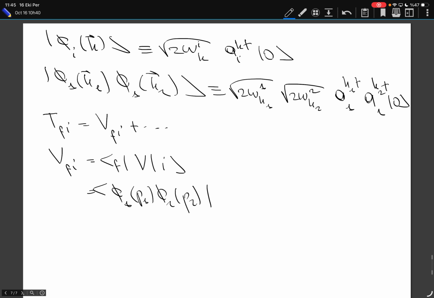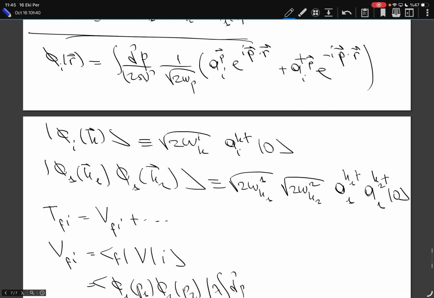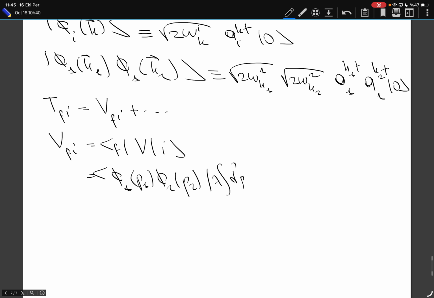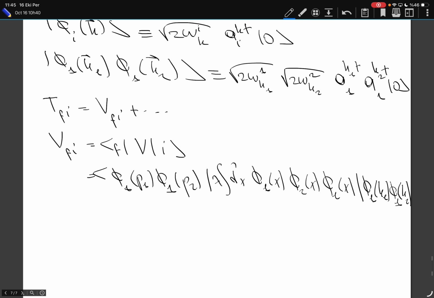V is lambda d cubed x phi 1 x phi 2 x phi 1 x, between phi 1 K1 phi 1 K2. This is the matrix element I would like to calculate.